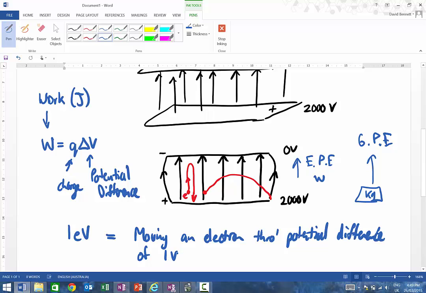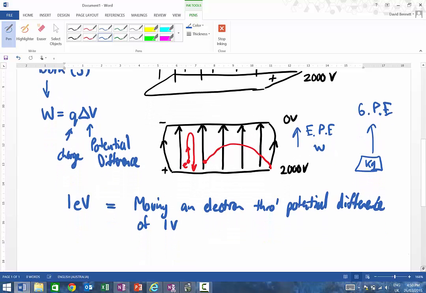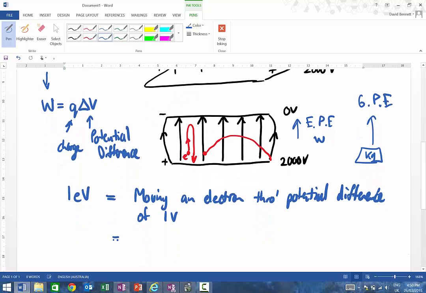So a 1 electron volt is the energy gained by moving an electron through a potential difference of 1 volt. We know 1 electron volt is equal to 1.6 by 10 to the minus 19 joules. It's a really small value, but that's really useful when we start talking about electrons and how they interact.